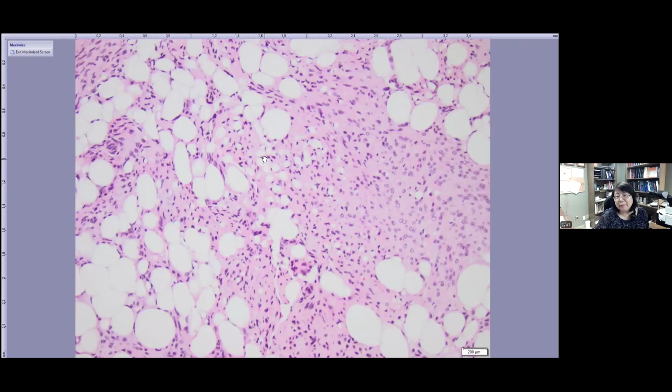But sometimes we have to determine whether these are real lipoblasts or not, and we can do S100. Those areas are usually negative. If there are too many and you worry about lipoblastoma, we may go ahead and do FISH for PLAG1 to rule out lipoblastoma. But overall, in this case, it's more like a biphasic tumor, what we call lipofibromatosis.